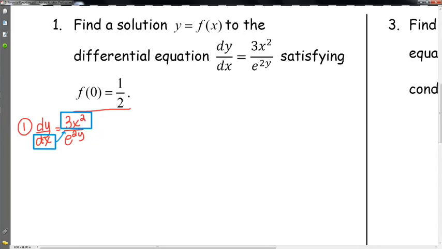I want my y's to be together, so I'm going to multiply my dy times my e to the 2y. If you want to think about it, it's kind of like working with cross products. So that means it's going to be e to the 2y dy, and that's going to be equal to 3x squared times dx.